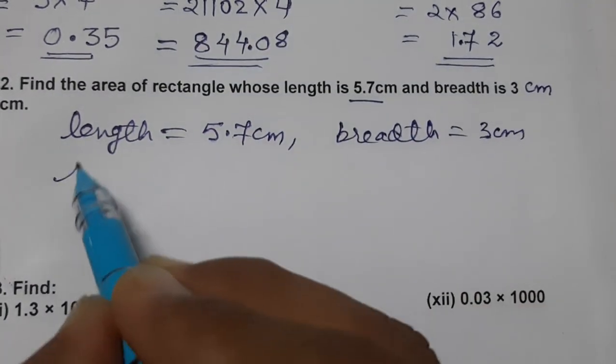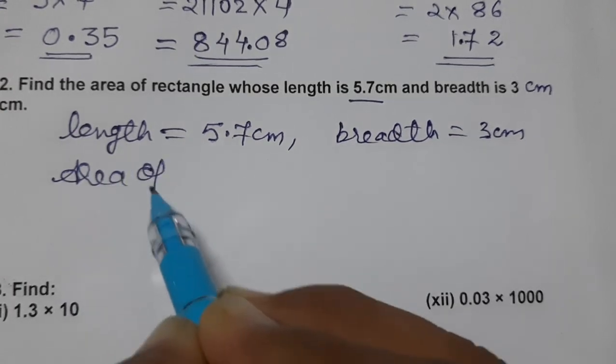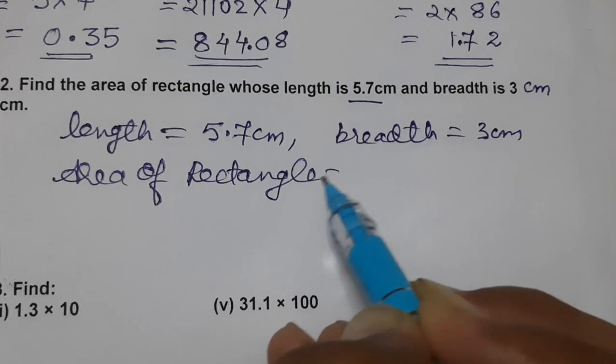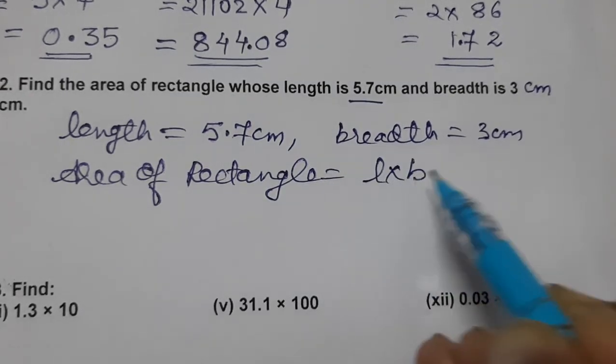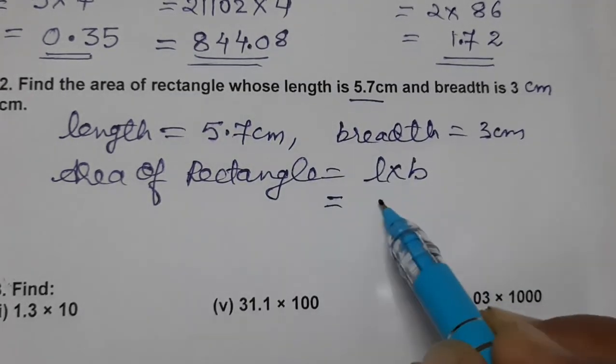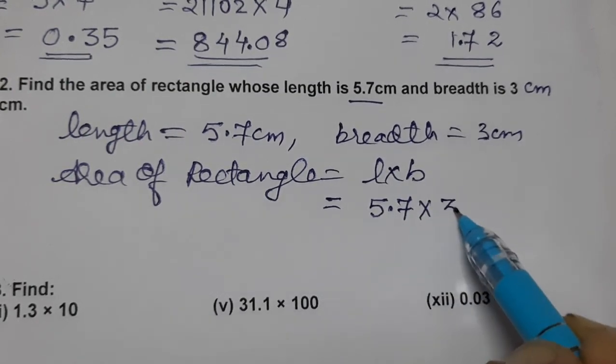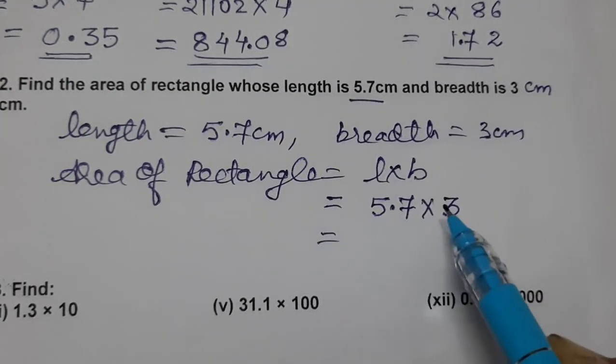So we know the area of a rectangle, children. What is the area of a rectangle? Length multiplied by breadth. So what is the length here? Here the length is 5.7. And what is the breadth here? 3. So again, a decimal number with a whole number.